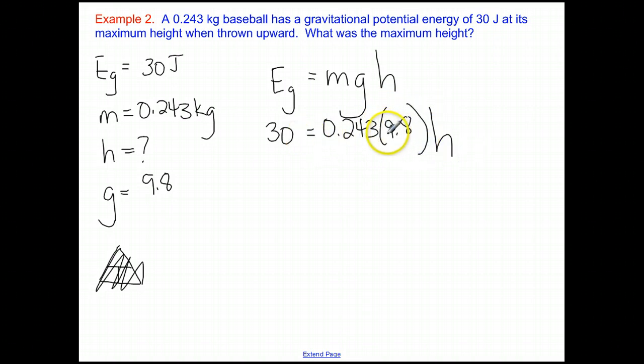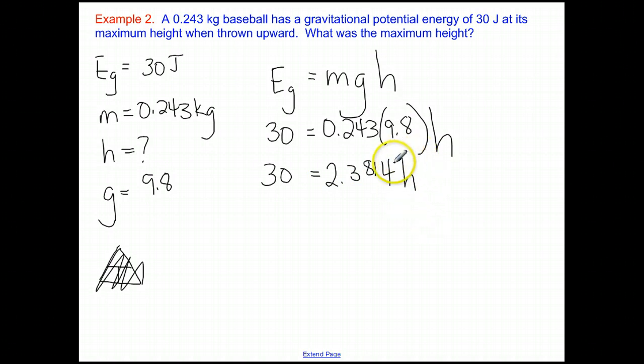Anytime you have 2 numbers that you can multiply through and figure out the solution for just these 2 numbers, simplify. It's called simplifying what you have. So we can't do anything with the 30 yet, but we can simplify these 2 numbers. 0.243 times 9.8, we end up with 2.3814 times height.